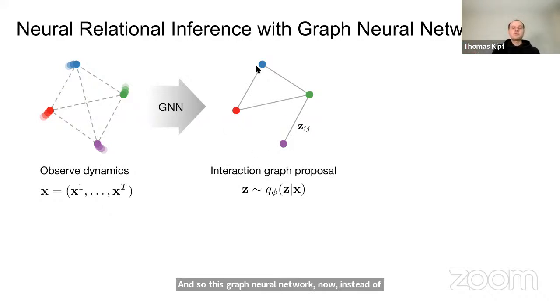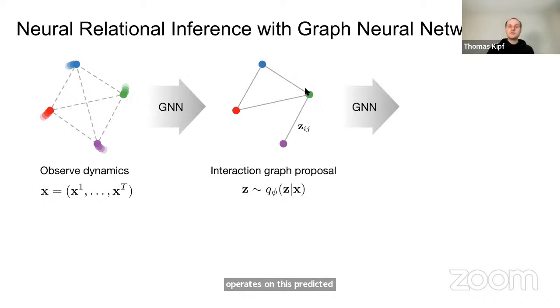So this graph neural network now, instead of directly predicting a node label or a link like before, proposes a latent variable. It proposes what it thinks the interaction graph would look like. So it proposes an embedding for each possible edge in the graph, which basically describes the probability that 2 nodes are connected. It's a little bit like a link prediction system, but now without directly putting a link prediction loss. We don't have ground truth labels for it this time. But because we don't have ground truth labels for these edges, we can apply another graph neural network that operates on this predicted graph.